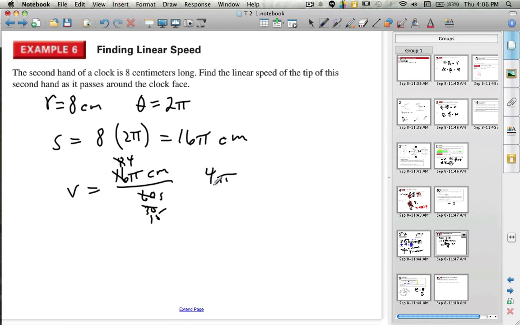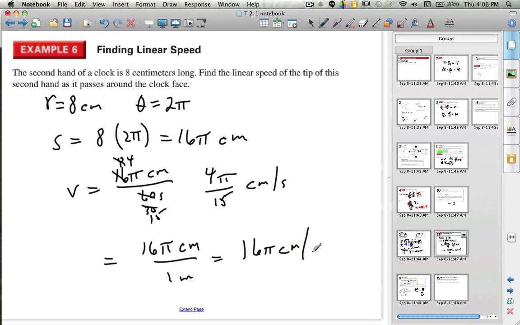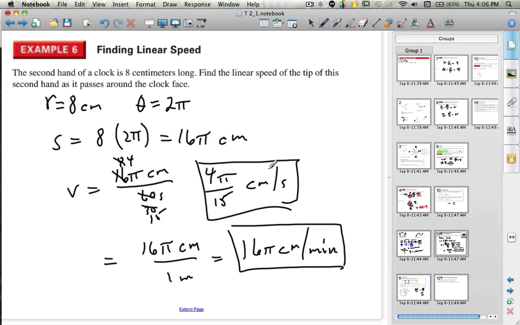So it'll be 4 pi over 15 centimeters per second. But equally, I could calculate it per minute, which seems a lot easier to me. 16 pi centimeters divided by 1 minute becomes 16 pi centimeters per minute. What's important is that you keep track of your units of measure. It didn't tell me how it wanted me to talk about time in this problem, so I make the selection. In this case, I did it both ways.